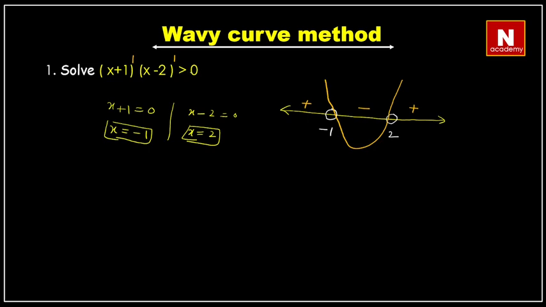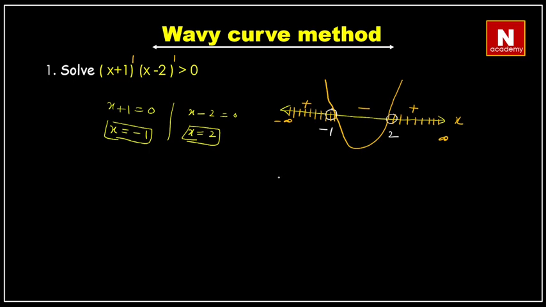You should find the x values. Greater than 0 means positive. Where is it positive here? The graph is above the x-axis. If you treat this as the x-axis, if the graph is above the x-axis, it is positive. So above the x-axis lies in minus infinity to minus 1. This is the required region, and also 2 to infinity the graph is above the x-axis.